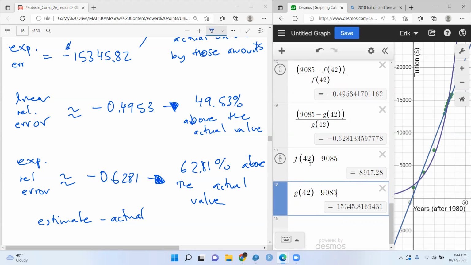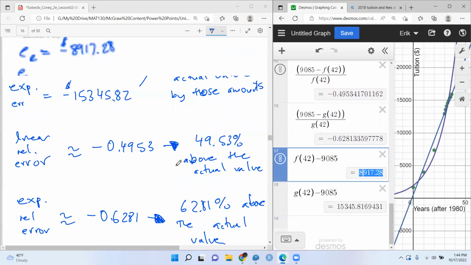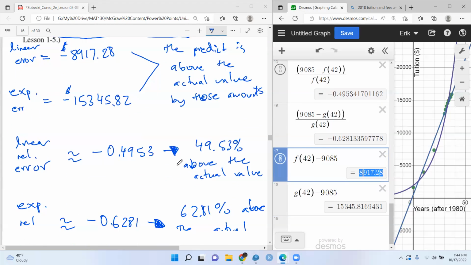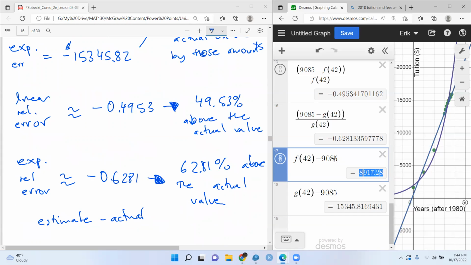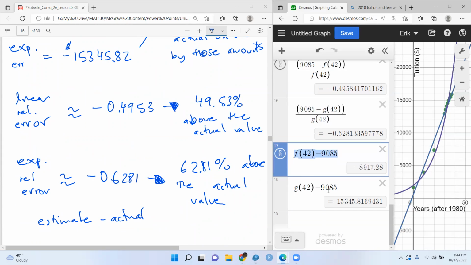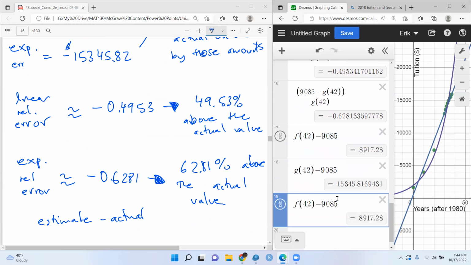So here this says, look, the estimate is this much above the actual. When it comes to exams, if you do flip the order around, as long as you interpret it correctly, you're good. By the way, the relative error, we'd have to be careful here.